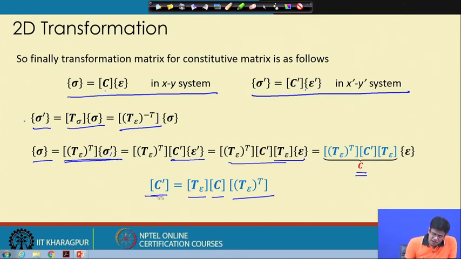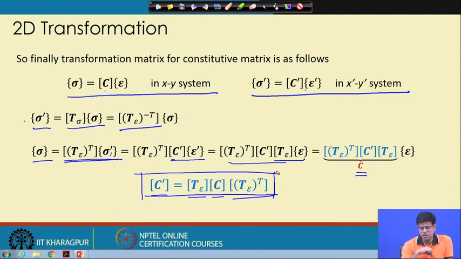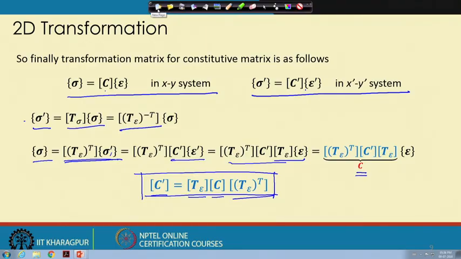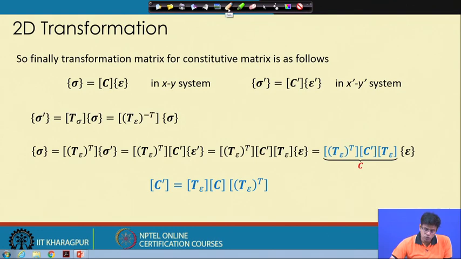So, this is a general formula for transformation of constitutive matrix, where again I am pointing out that these formulas are actually valid for the rotation about an axis. So, in general this is not true for a 3D rotation. So, now what exactly it will be different is this.